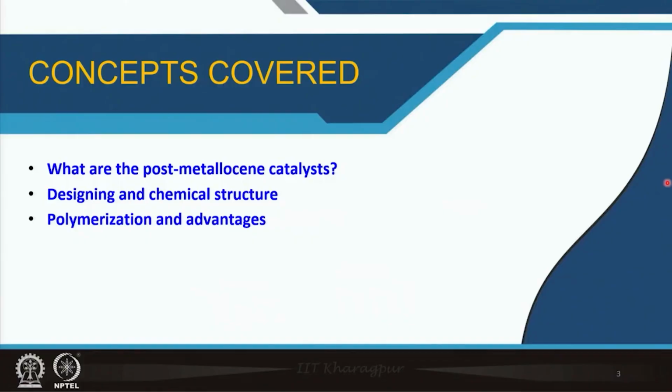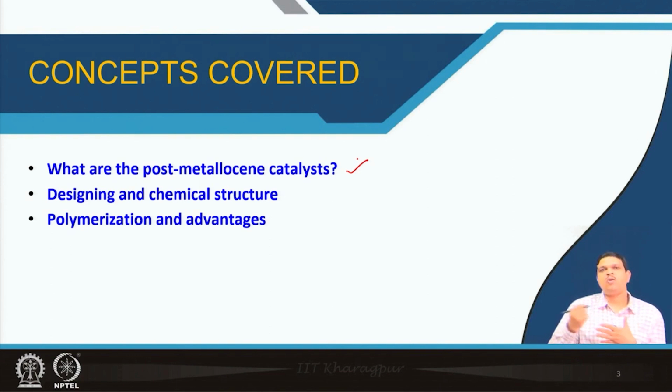Okay. So in this class we will try to learn what the post-metallocene catalysts are, and the design and chemical structure associated with them, what the basic criteria of the ligands and also the metals are.